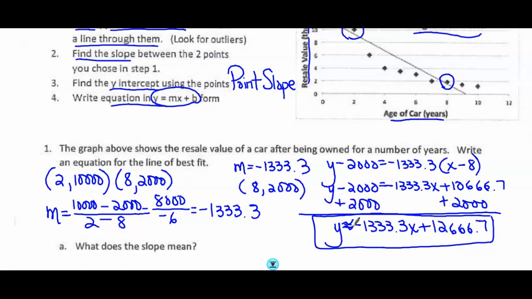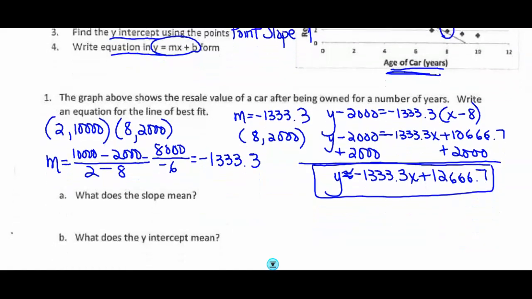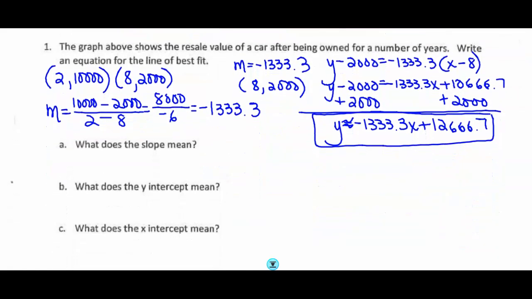Now this is talking about the age of a car and the resale value. So this is where you have to use your interpreting skills that we haven't used for a while. It says, what does the slope mean? The slope is negative $1,333.30. So I want a sentence. I would say, the car is losing value.